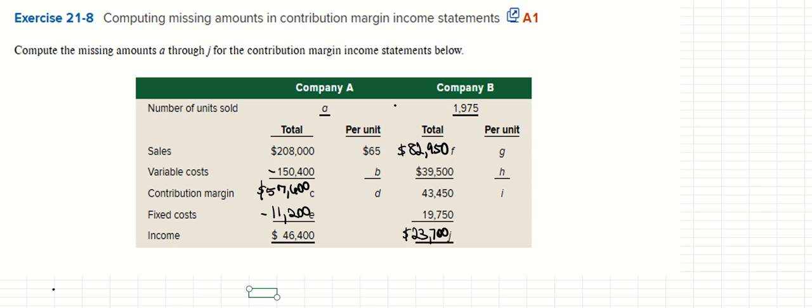For sales, we just have the total sales, but we do have the units that were sold. To get the per unit number, we take the $82,950 total sales and divide it by the number of units sold, 1,975. That comes out to $42 per unit. So I'm going to put the $42 right here per unit.